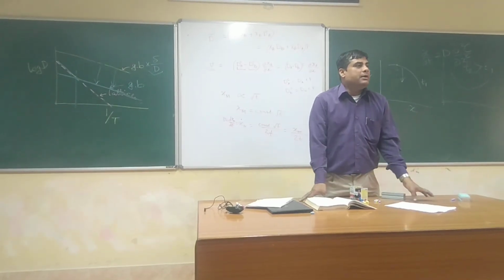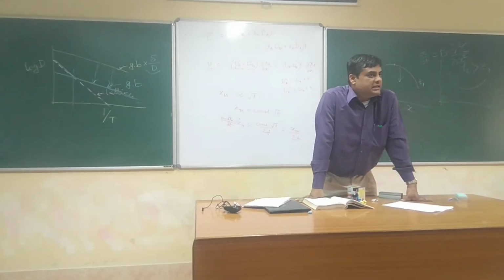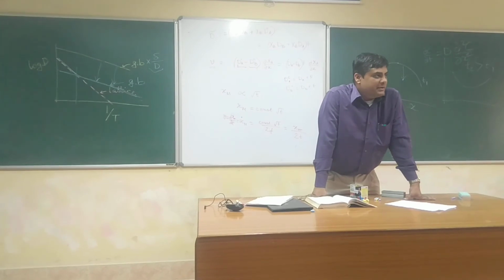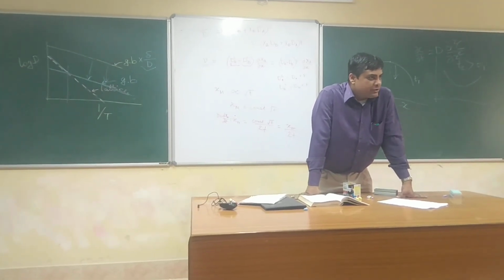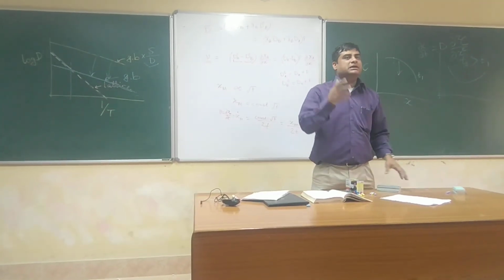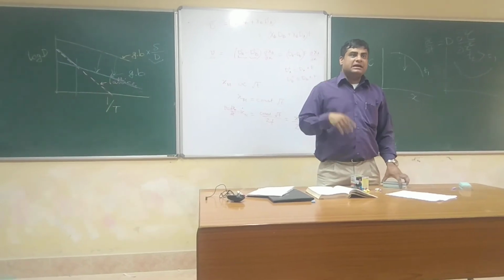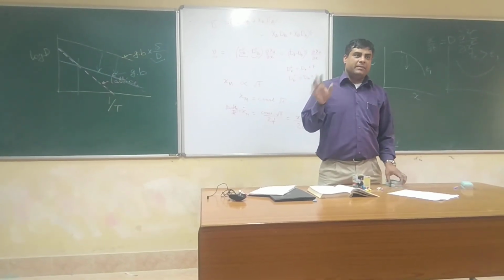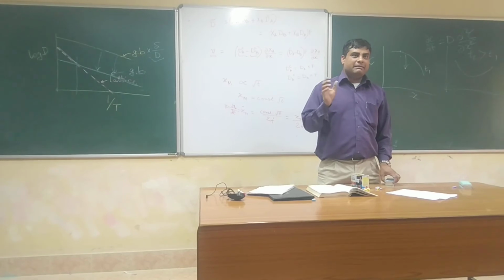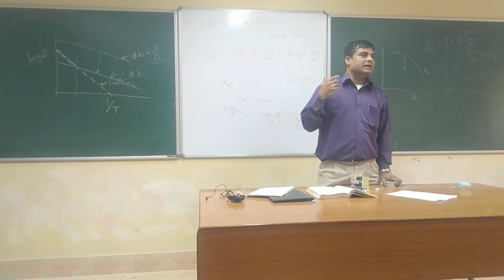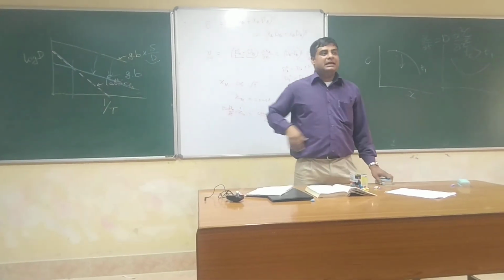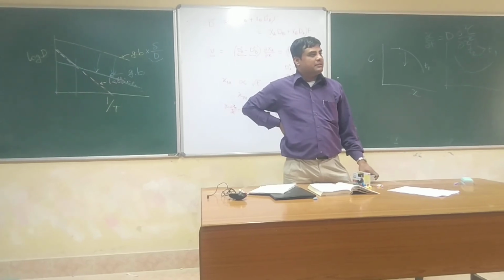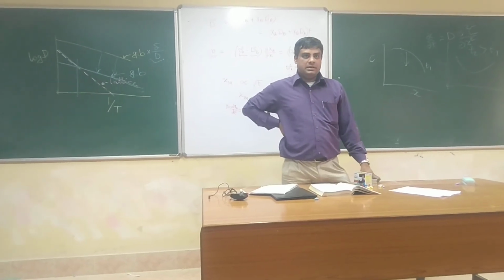While we derived our intrinsic diffusion coefficient, it's not only the chemical potential gradient; any potential gradient can affect your diffusivity. Not only chemical potential, if I have electrical potential or magnetic potential, anything, if there is a gradient, that can affect your diffusivity.